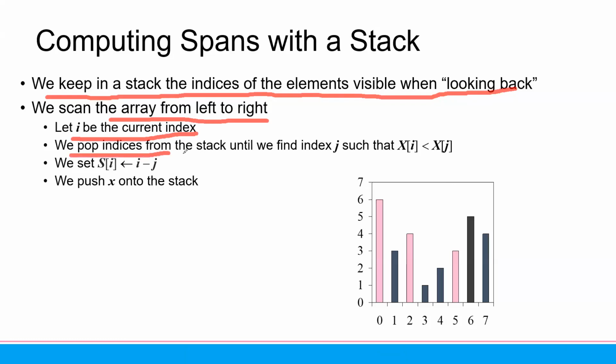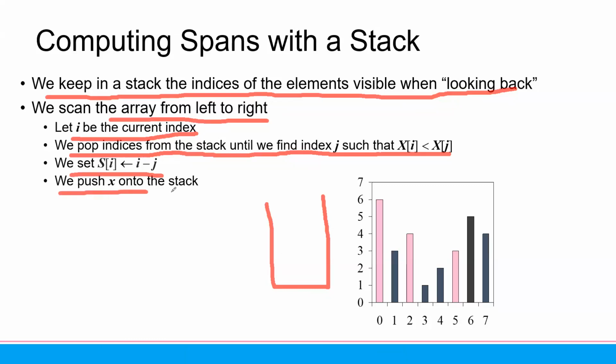We pop indices from the stack until we find index j such that Xi is less than Xj. So we have the stack, and if we know that this is the maximum, we keep that part. We set Si equal to i minus j, and we push i onto the stack.